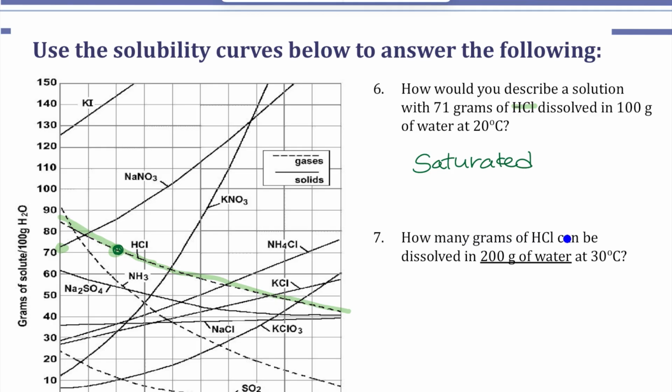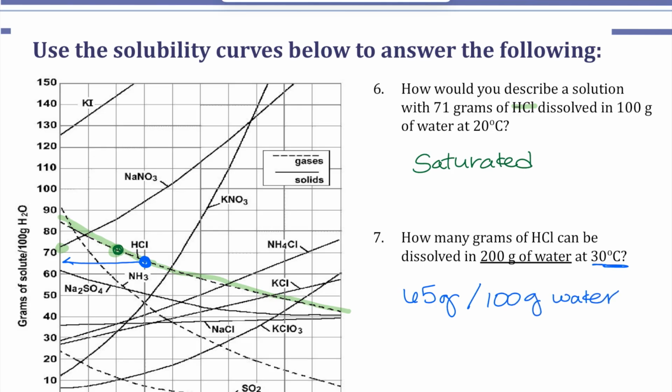How many grams of HCl can be dissolved in 200 grams of water at 30 degrees Celsius? Well, we're still looking at that green line, but now we are going to be looking at a different temperature, so 30 degrees Celsius. So going to that 30 degrees and reading where that line intersects, how many grams of solute would dissolve? To me, that looks like it's about at that 65 grams, and that's for 100 grams of water.